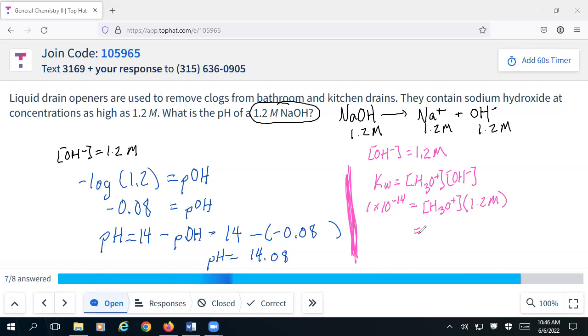So 1 times 10 to the negative 14th divided by 1.2 gives us 8.3 times 10 to the negative 15th as our hydronium concentration. The pH would be equal to the opposite of the logarithm of that value.